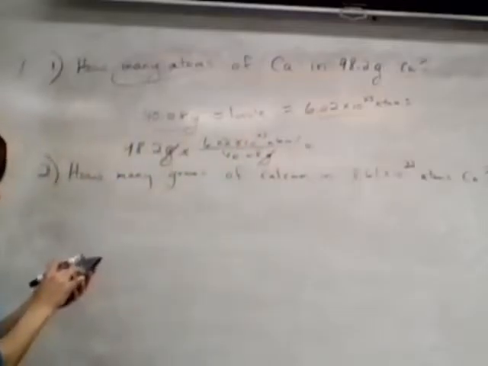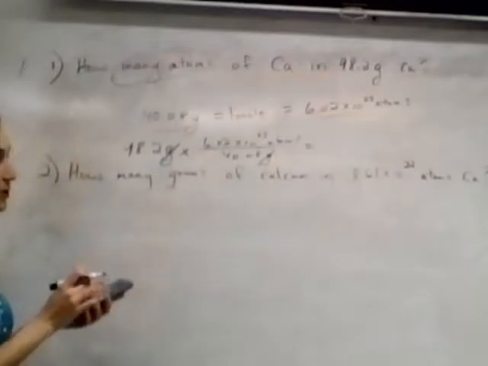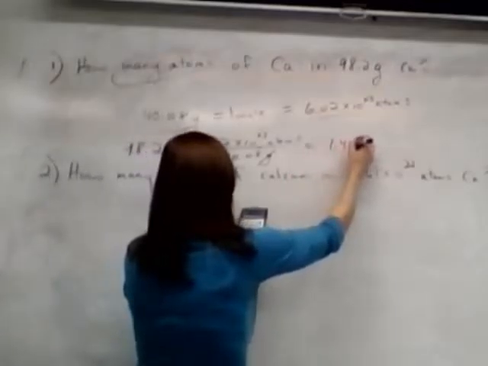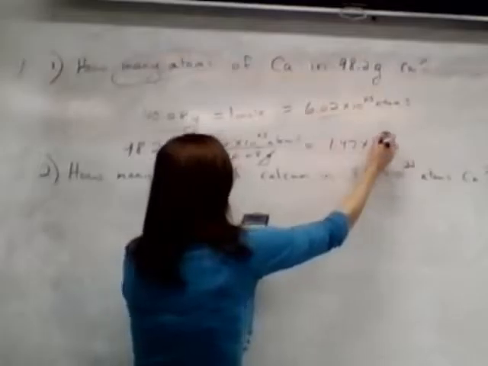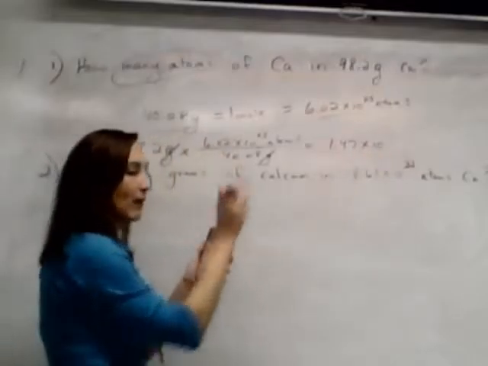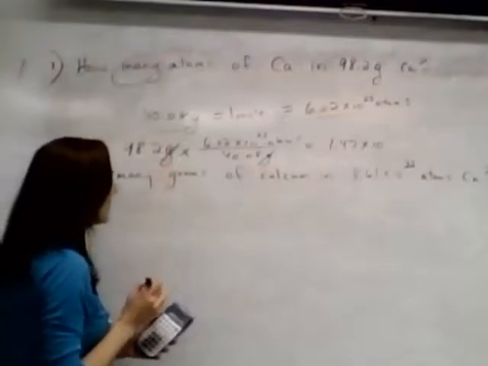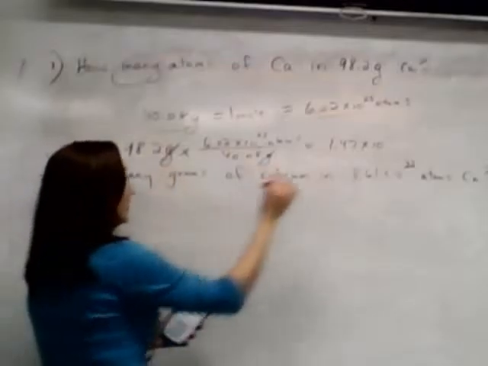So I've got 98.2 times 6.02 times 10 to the 23rd, and make sure you're using your button for scientific notation correctly, then divided by 40.08. Do not forget to put your exponents down. My calculator has a little 24 in the corner, so I know that I'm keeping 3 significant figures because that's what my original number had.